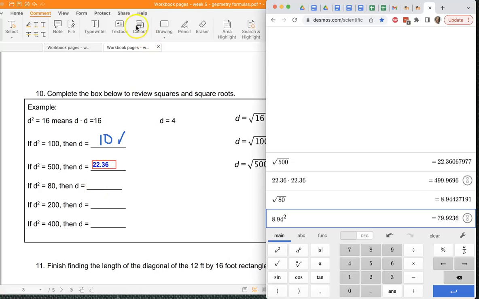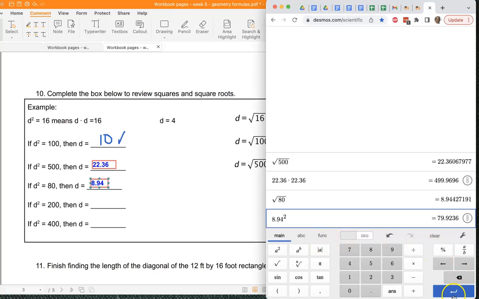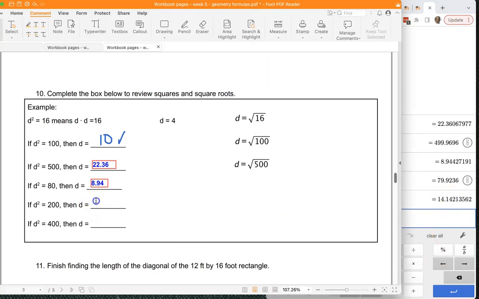So 8.94 is what I'll type in here. And again, it's okay if we're approximating. 200, that's another one that won't come out very nice. So square root of 200 is 14.14.